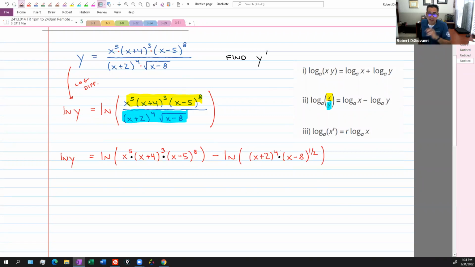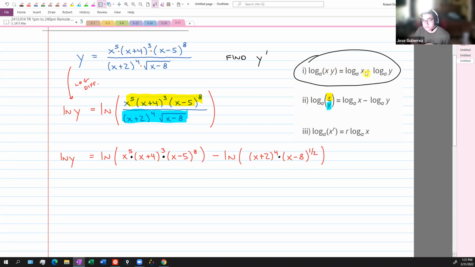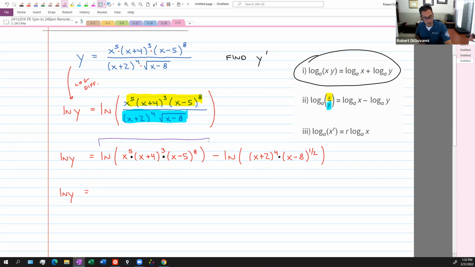Anytime you have multiplication inside of a log, you can turn it into addition. That's this first property, right? So if I have two things being multiplied, it turns into two logs. What if I had three things being multiplied? What do you think? It'll turn into 3 logs, right? If I had 4 things being multiplied, it'd be 4 logs added together. So watch what I do now. Natural log of y on the left side equals, okay, everything you see here in purple is going to be split using that first property into 3 logs because I have 3 things being multiplied.